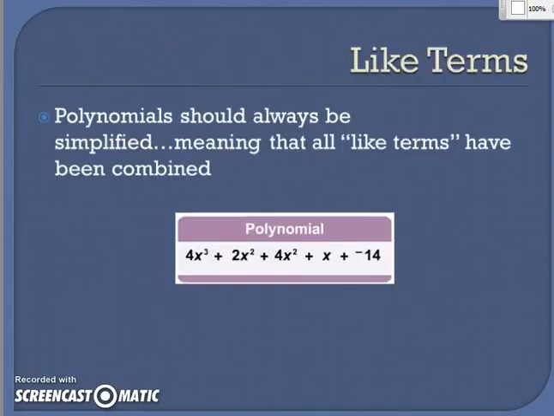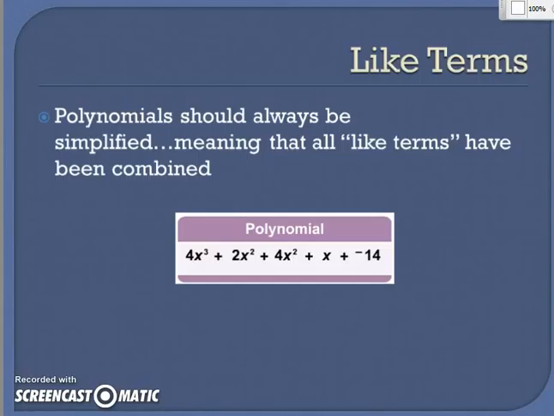For polynomials, they work similar to variables that we've already worked with. In order to simplify them, we are going to combine like terms. And when you're combining like terms, make sure that the variables and exponents match completely. So if you see anything that has the same variable, letter, and exponent, then it can be simplified.